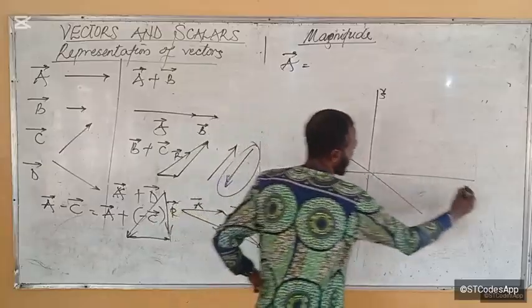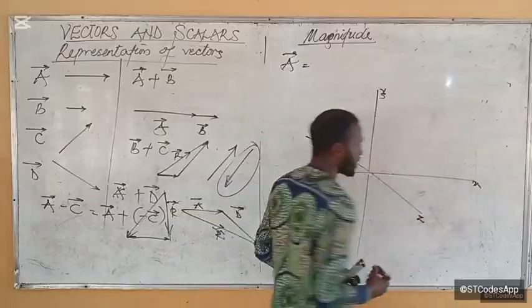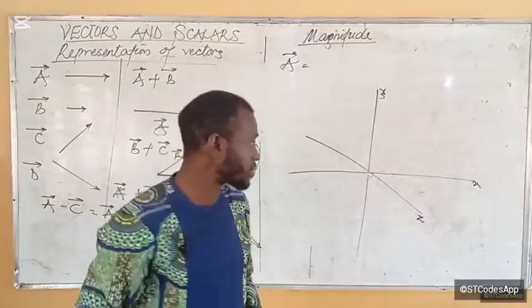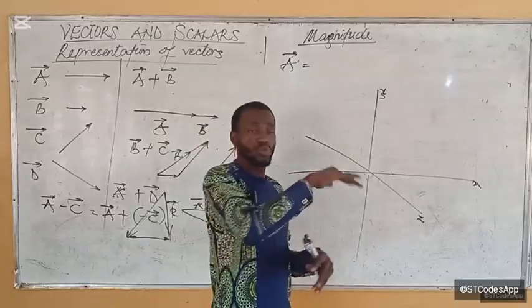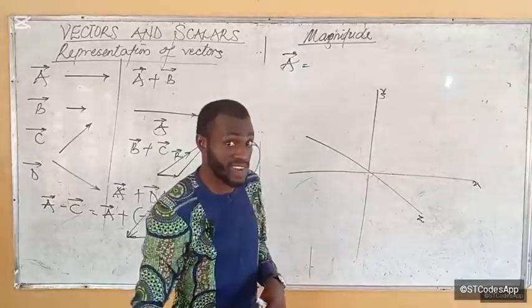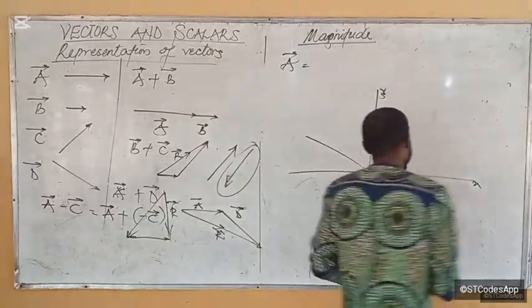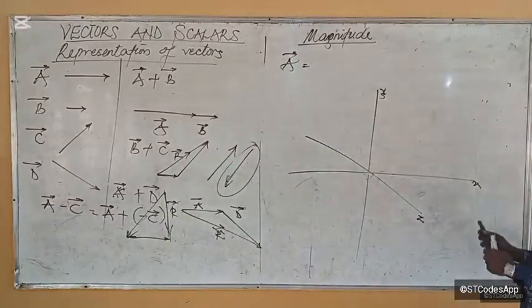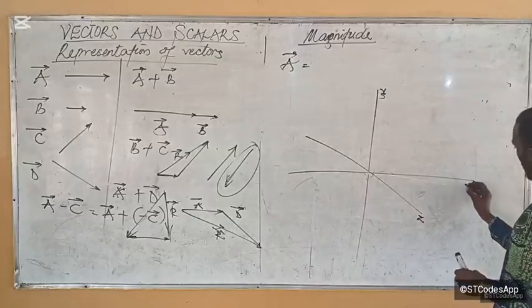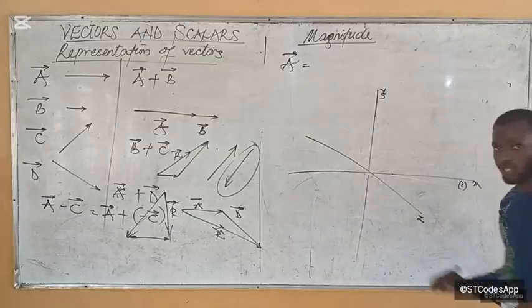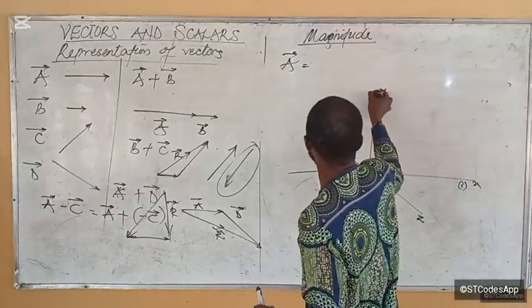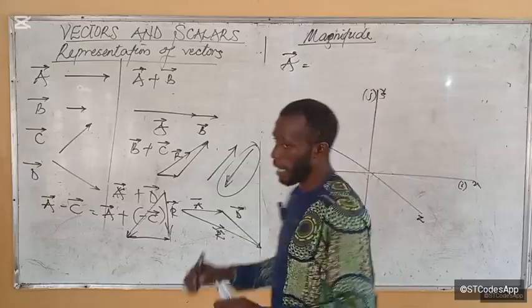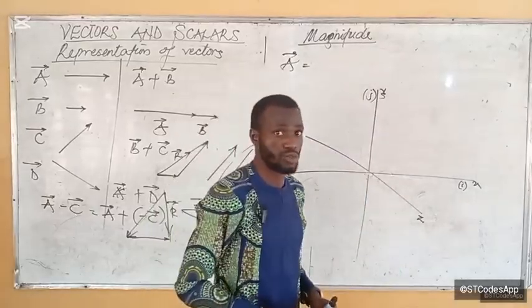Please follow me in this aspect so that you will understand how we use the i, j, k values to represent them. When a vector is traveling along the x-axis, we use the i notation. When a vector is traveling in the y-axis, we use the j unit to represent it.